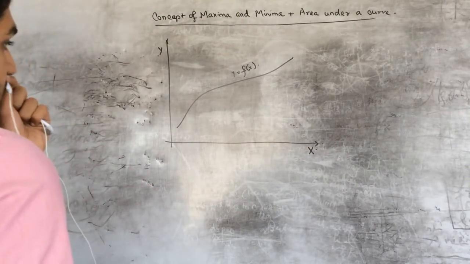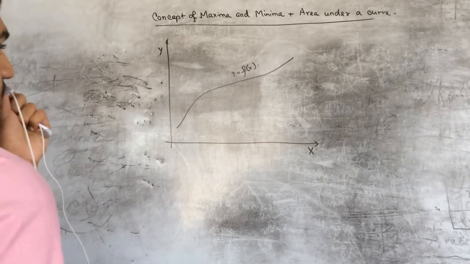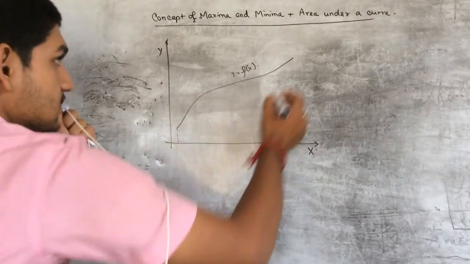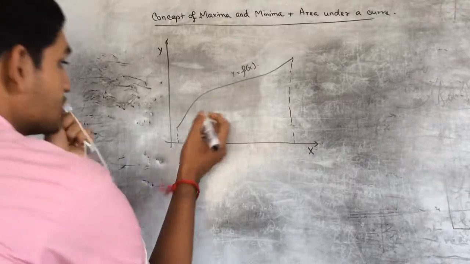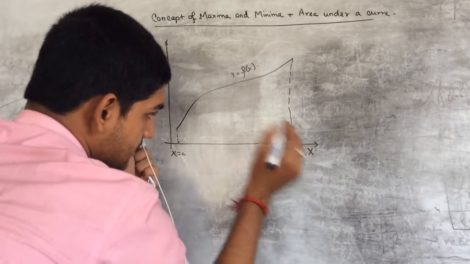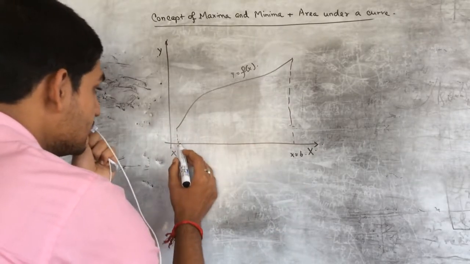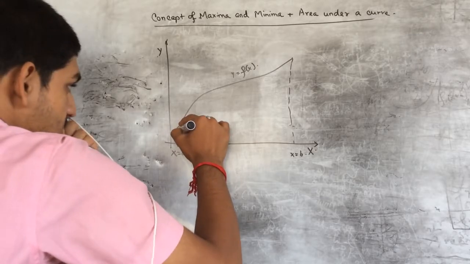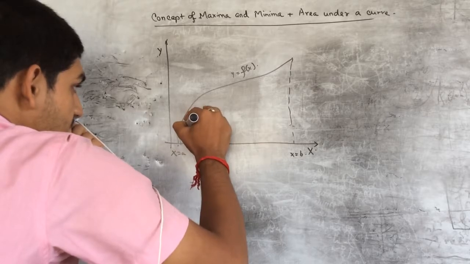To find the area under the curve, we use the technique of Riemann integration. We have to specify some interval, x equals a to x equals b, and divide this interval into infinitely many strips of length tending to 0.